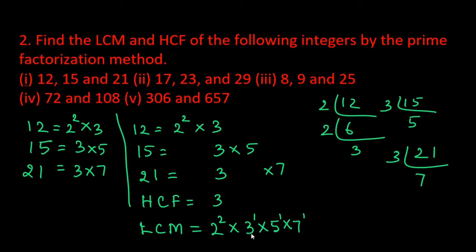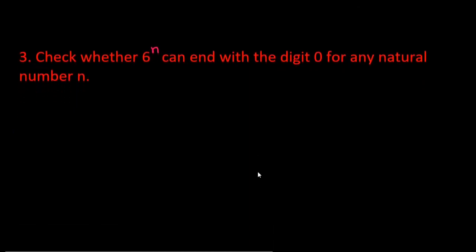So 4 into 3 is 12. 12 into 5 is 60. 60 into 7 is 420. So in this way the other problems can be solved. Now let us go to the third one.